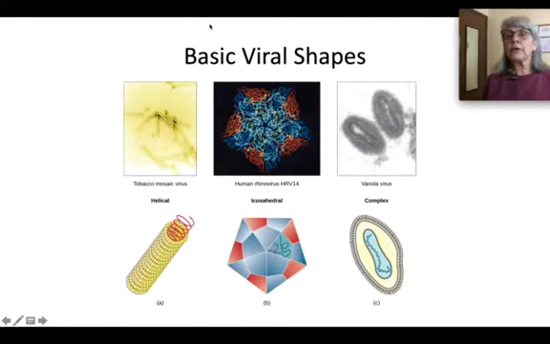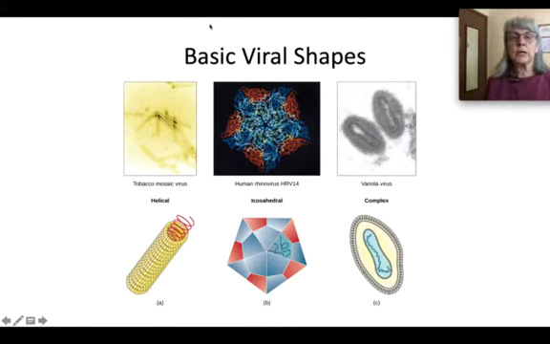There are some basic viral shapes. We've got 3 basic capsid shapes, and the first one is helical. The capsid can be in a helical form, which wraps itself around the genome. That first picture is showing you the tobacco mosaic virus, a virus that infects the tobacco plant.